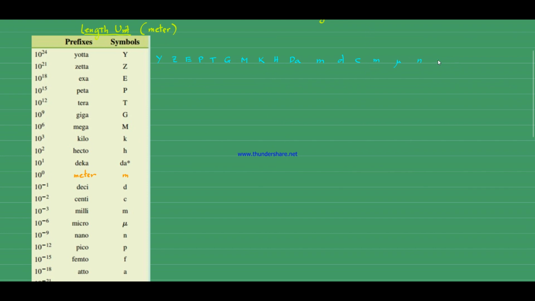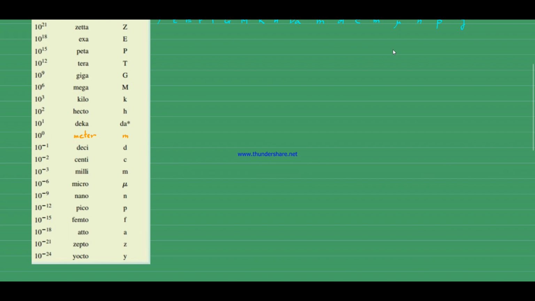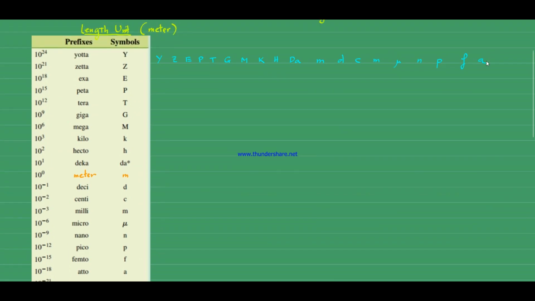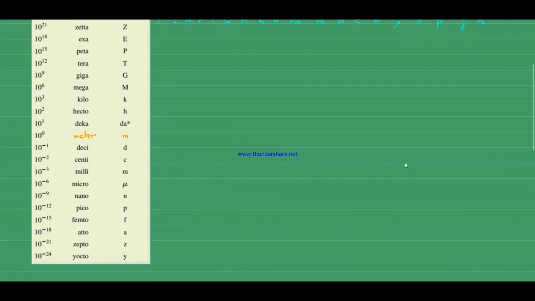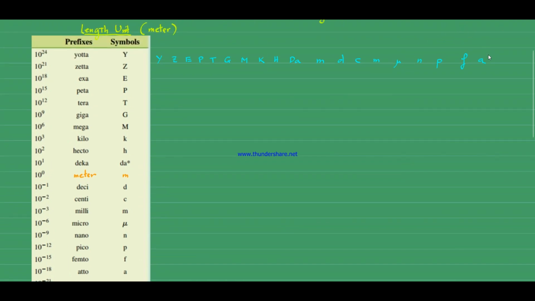Then we have pico, then femto, and at the end atto, then zepto and yocto.